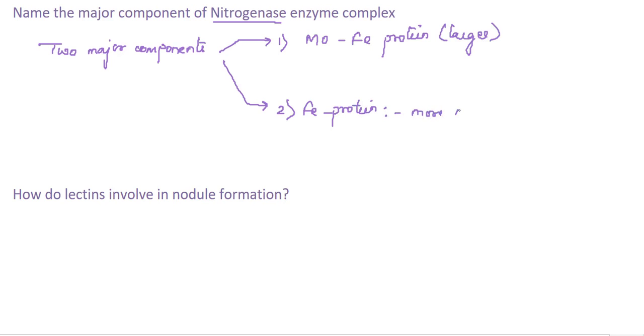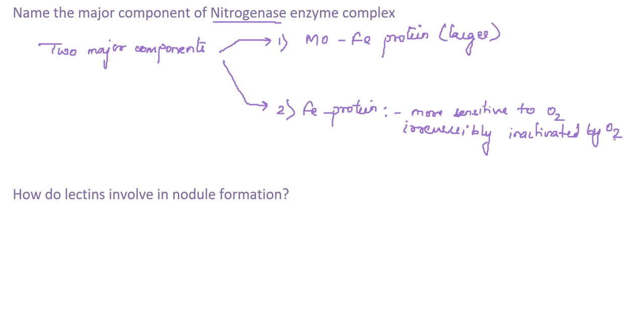It is irreversibly inactivated by O2. Once O2 is there in the system, it will become inactivated and the process is irreversible. So the two major components of nitrogenase enzyme complex are MoFe and Fe. MoFe is larger and Fe is more sensitive to oxygen, and they are irreversibly inactivated by oxygen.